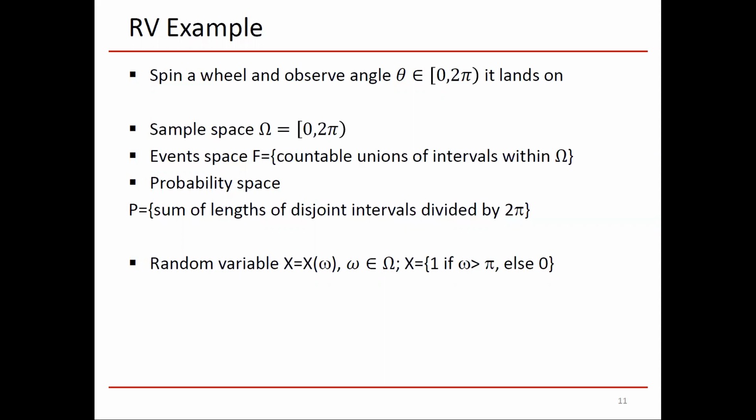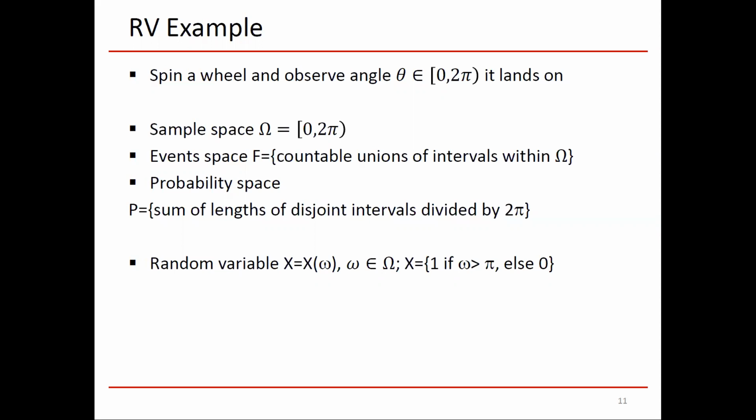There are problems when we're dealing with uncountably many types of cardinalities of sets. So to overcome that problem, we're going to take countable unions of intervals within omega. An interval meaning from A to B. And it could be closed from A to B, open from A to B, etc.